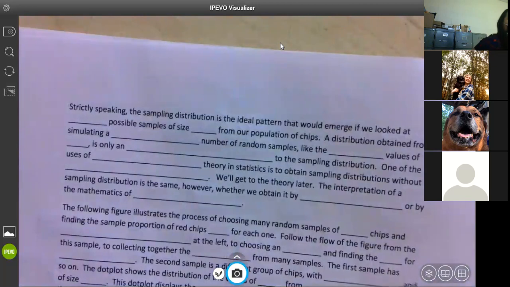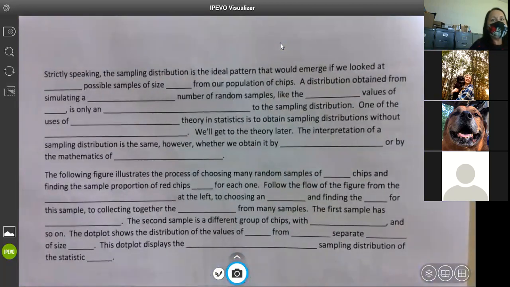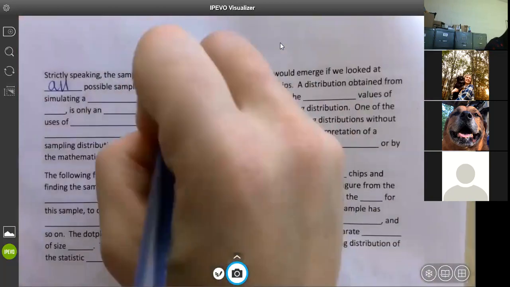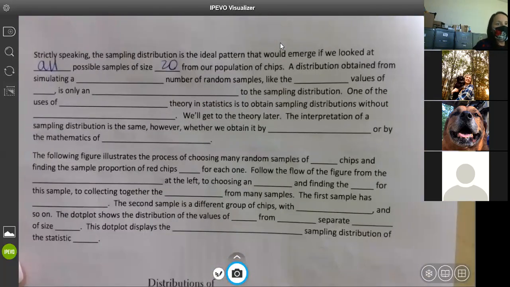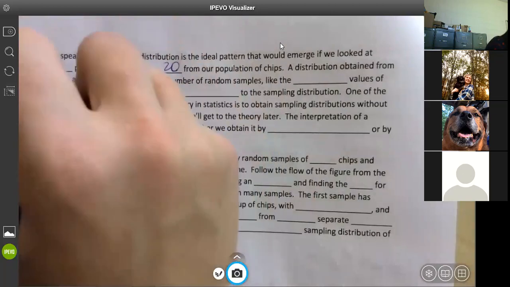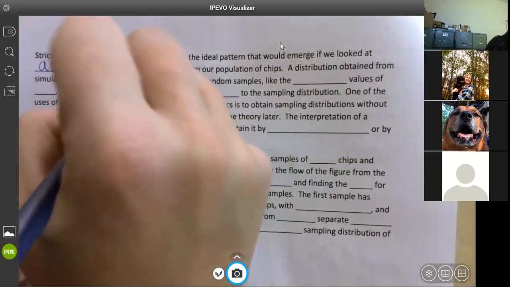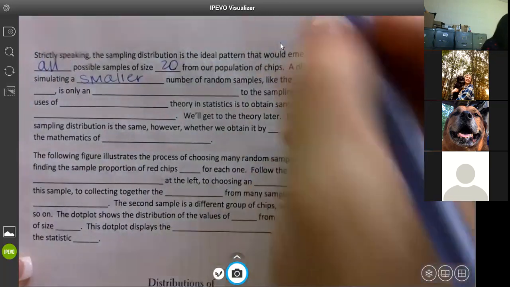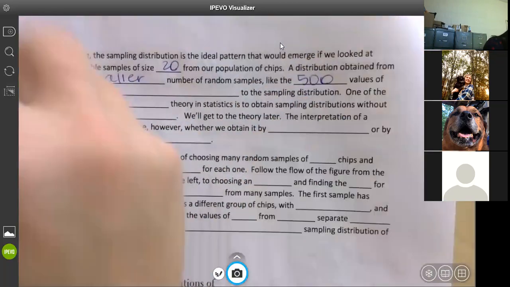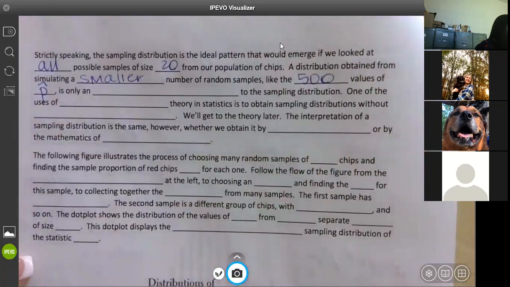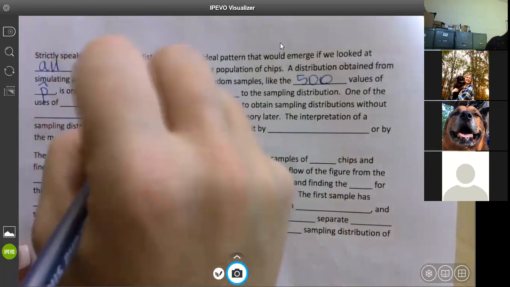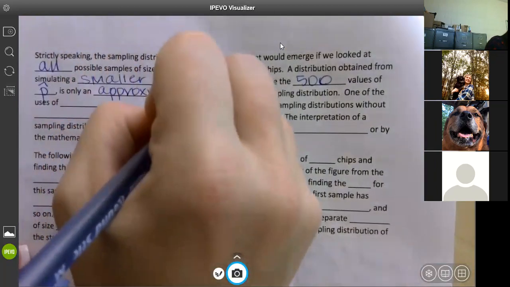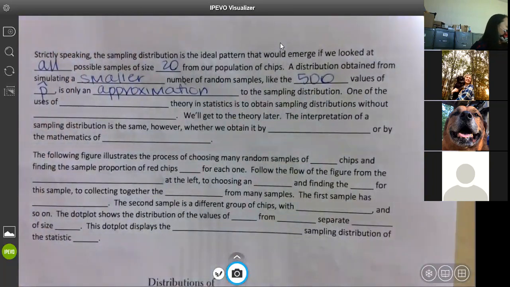Okay. So strictly speaking, the sampling distribution is the ideal pattern that would emerge if we looked at all possible samples of size 20 for our population of chips. A distribution obtained from simulating a smaller number of random samples, like the 500 values of p hat, is only an approximation to the sampling distribution.